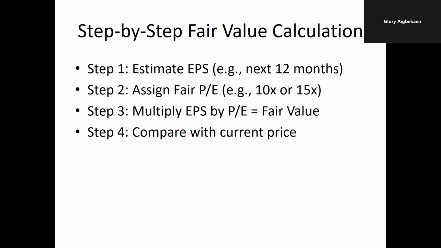So you can determine the fair PE. Then multiply the estimated EPS by the fair PE, then you get the fair value. You compare the fair value you have calculated with the current price.